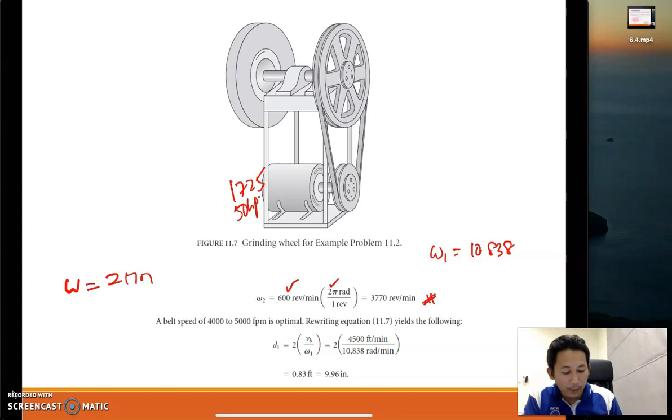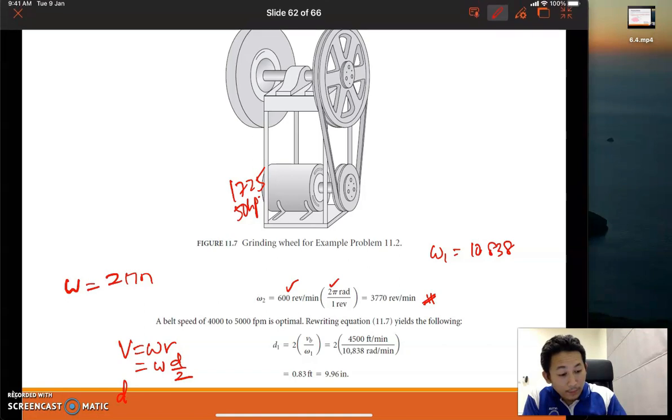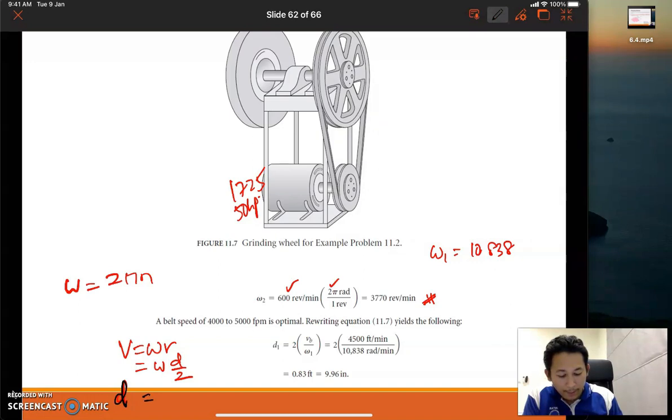So from the equation, V equals omega R, omega d over 2. So we get d equals 2v over omega. Okay, so d1 and omega 1.